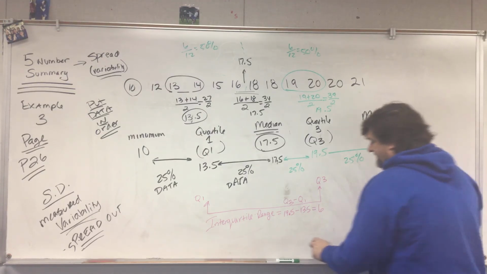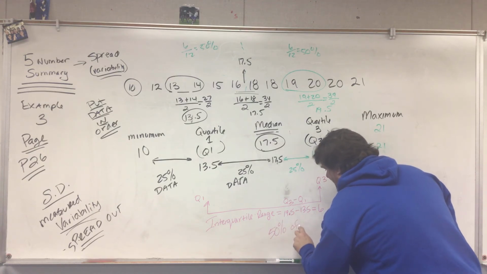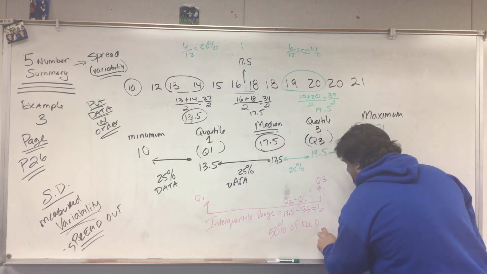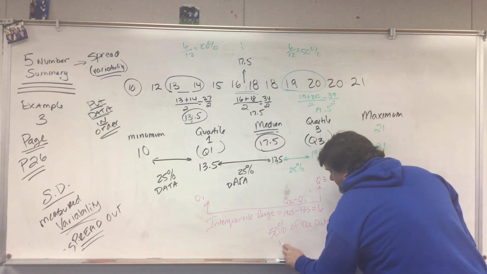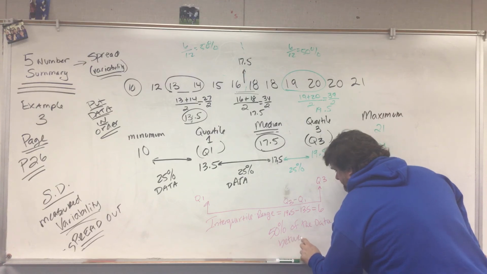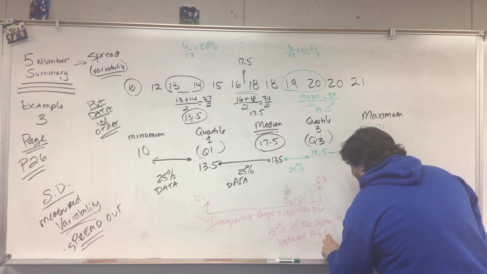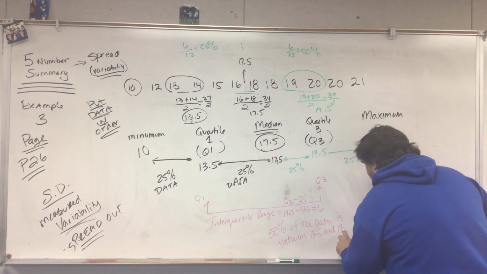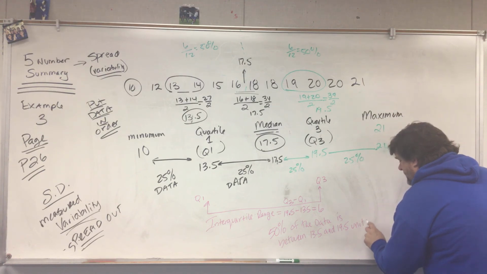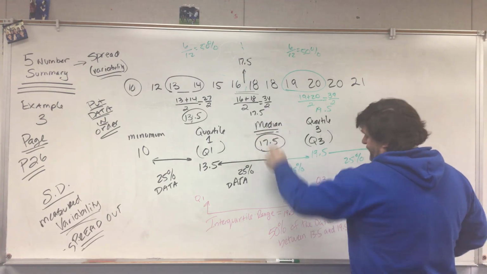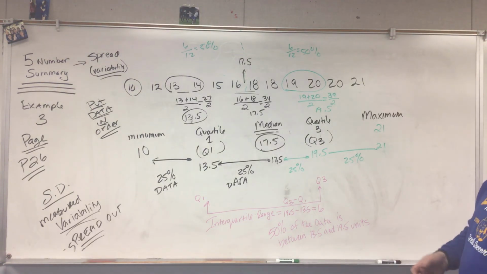So that tells us 50% of the data is between 13.5 and 19.5 units. So 50% of the data points are in between those two numbers. That's kind of the basic idea of 5-number summaries.